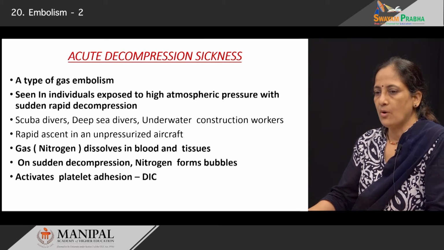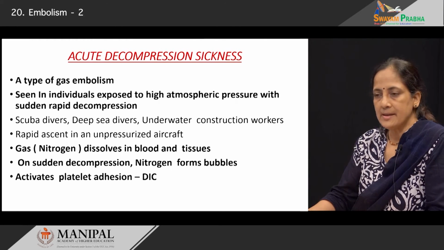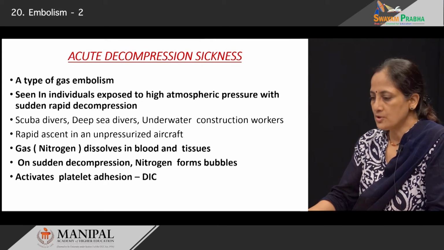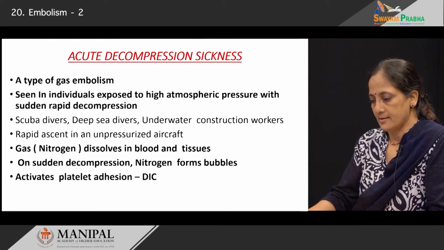This nitrogen also predisposes to activation and accumulation of platelets, thereby causing disseminated intravascular coagulation. A similar change can also be seen in persons who go from normal atmospheric pressure to lower atmospheric pressure in rapid ascent in unpressurized aircraft.